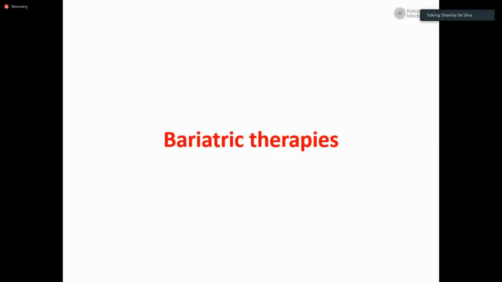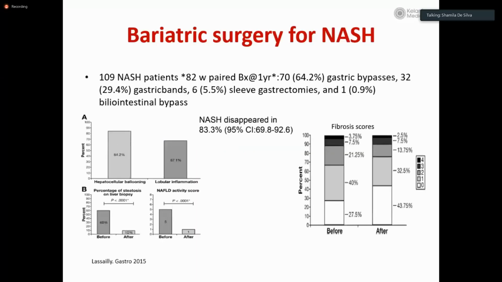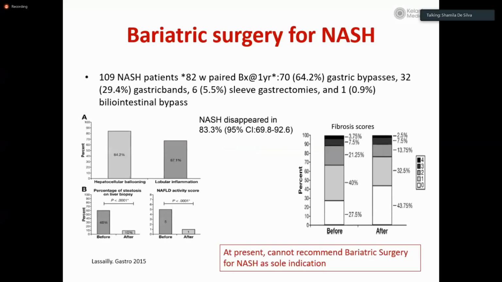At present, we cannot recommend bariatric surgery for NASH itself, but these patients have other problems like diabetes and other risk factors.